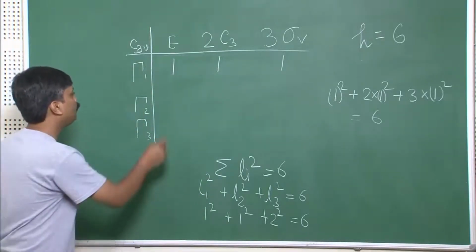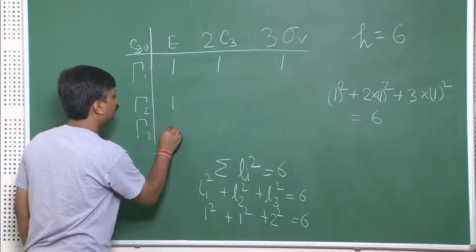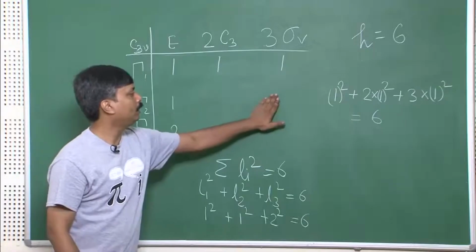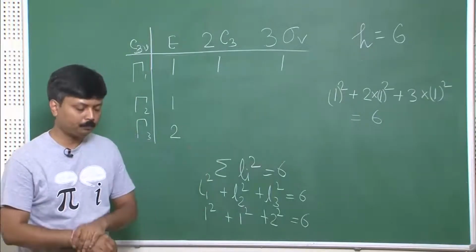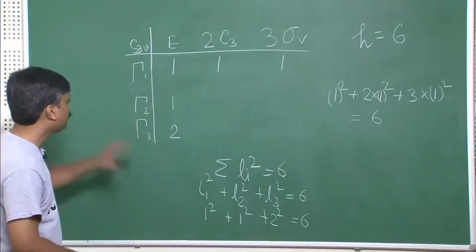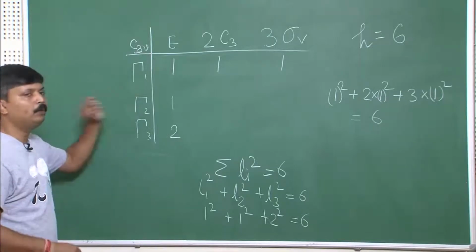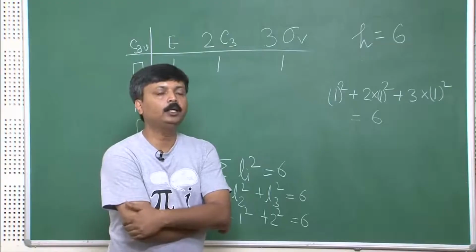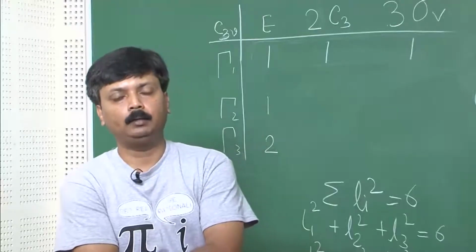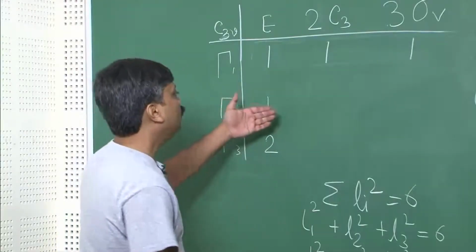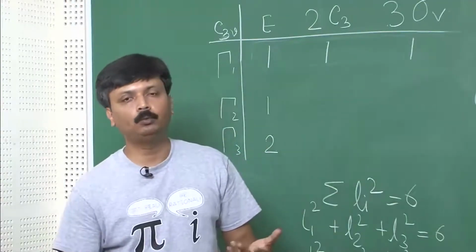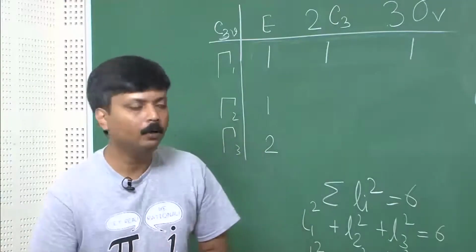So without worrying about anything, I can fill this one. Okay. So then I have to fill the other 4. Now let's first worry about gamma 2. Gamma 2 is another one dimensional irreducible representation. So that means all the characters of the representation also will be 1. Okay.